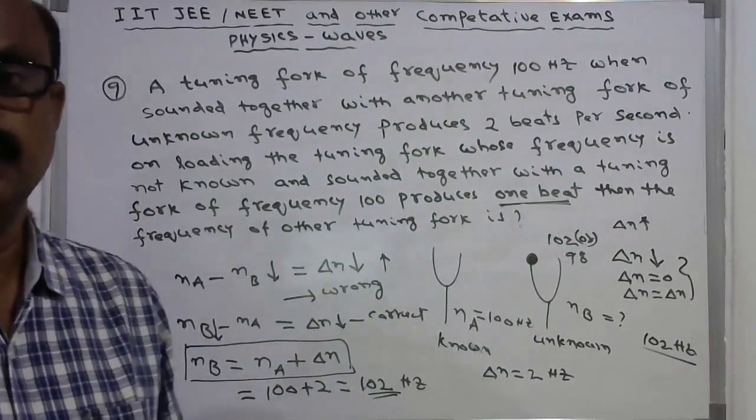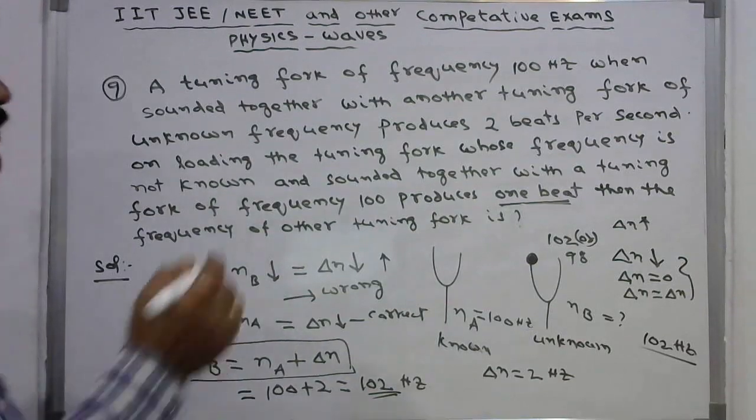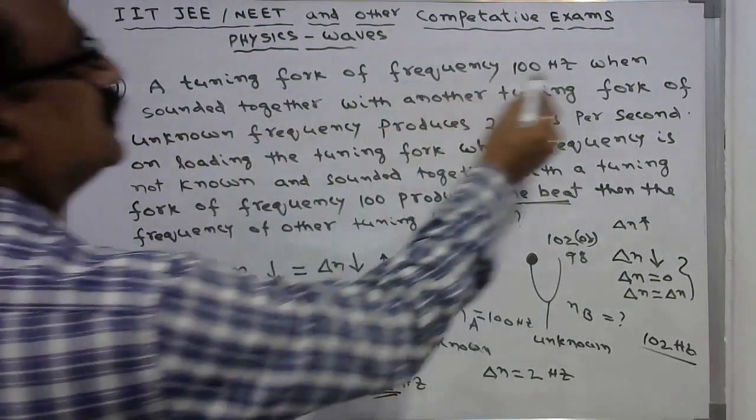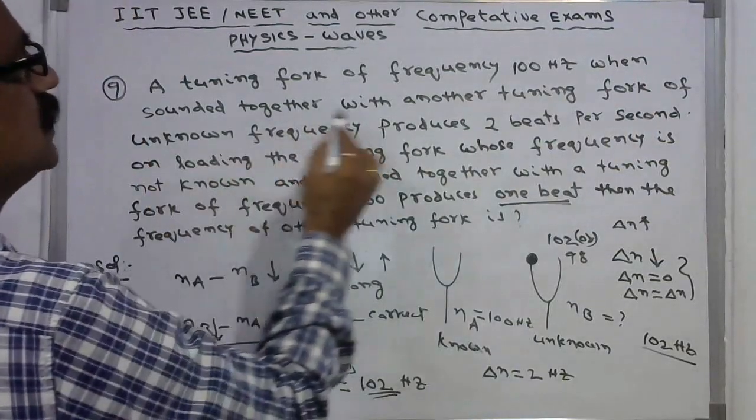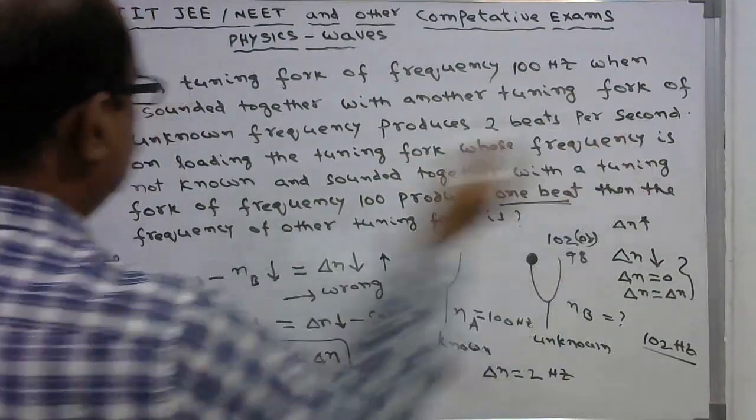I would like to change this problem slightly into a different form. A tuning fork of frequency 100 Hz when sounded together with another tuning fork of unknown frequency produces 2 beats per second.